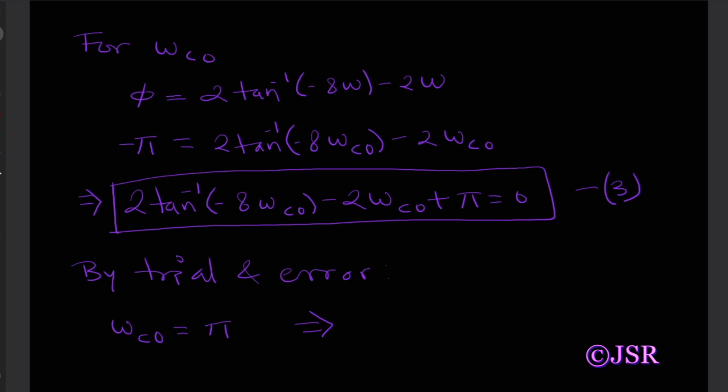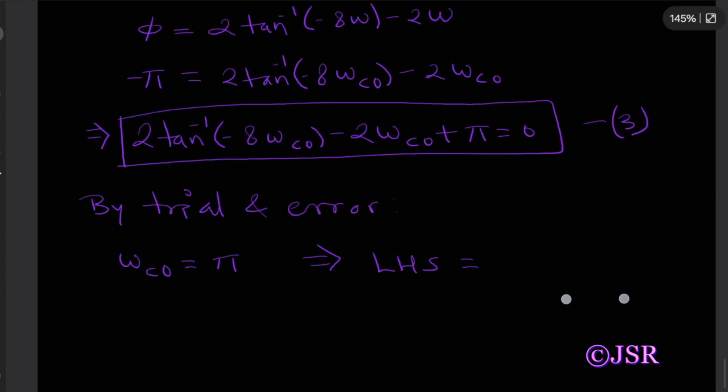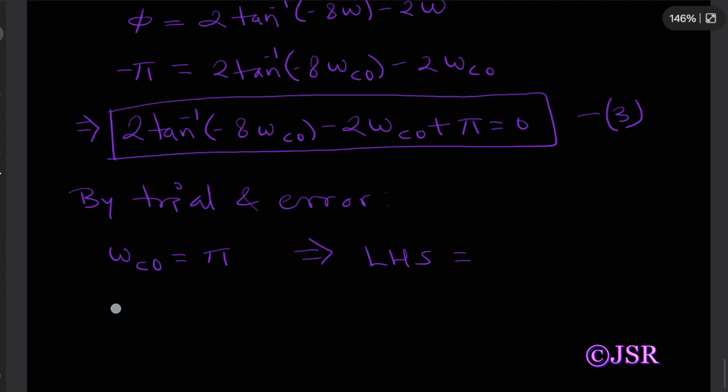So this function value, let's say this left hand side, will be equal to some number, right? Next we will use crossover frequency equal to some other number. So generally this pi is 3.14, omega CO is equal to 2, and we will find out the left hand side.